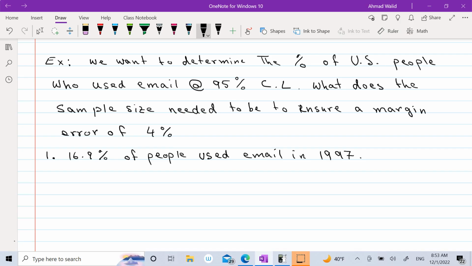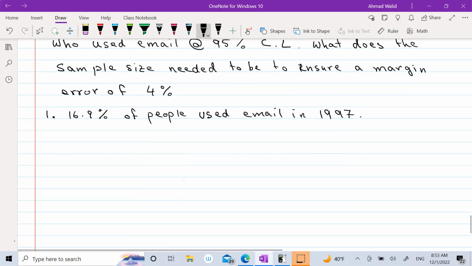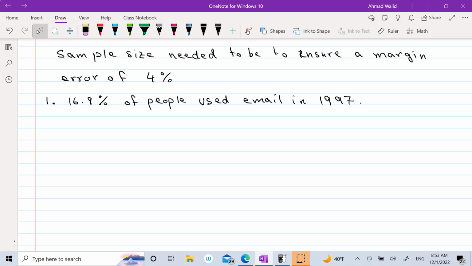Correct? In example number two, I'll just change the last part.